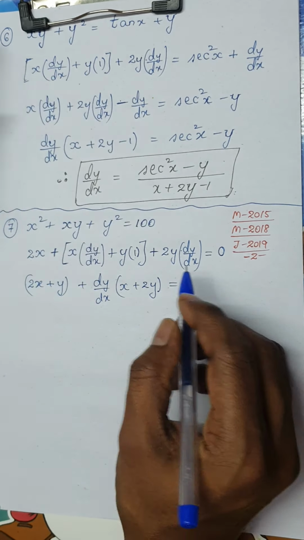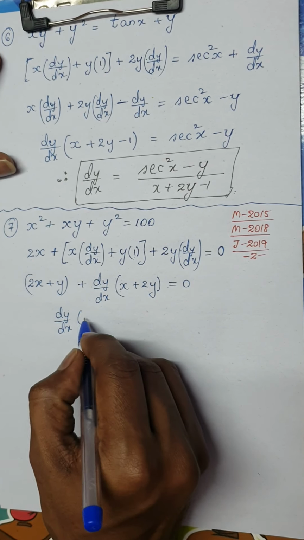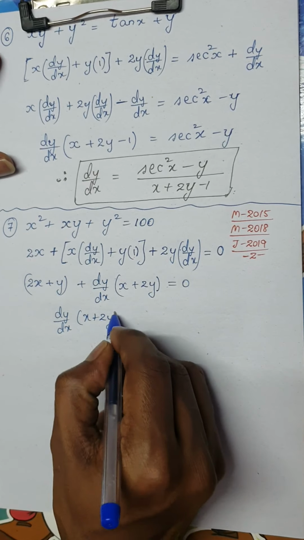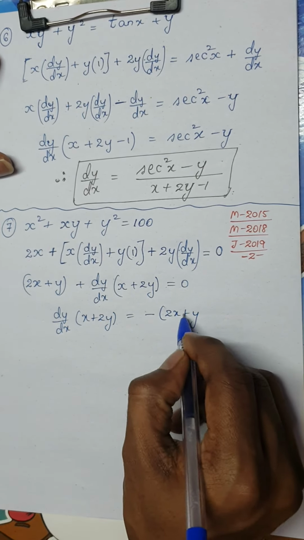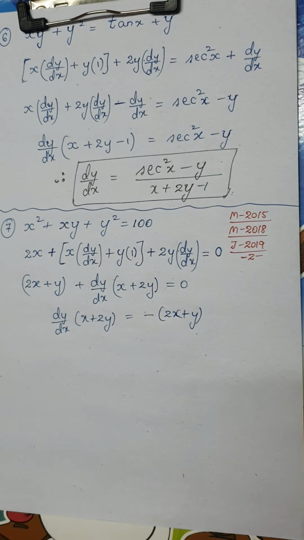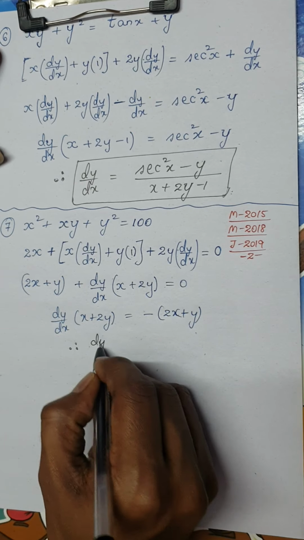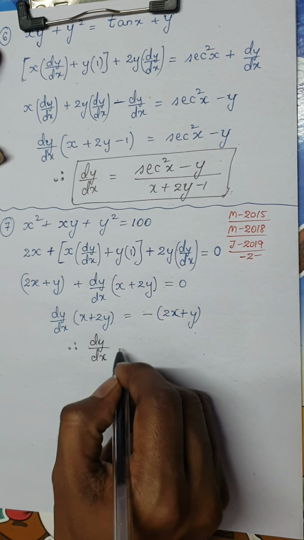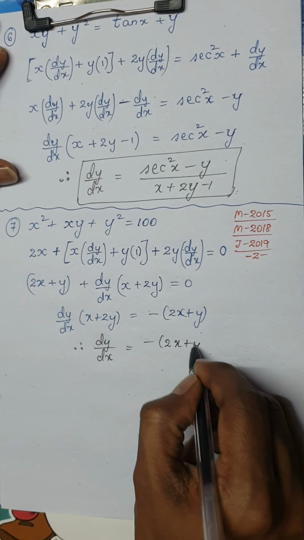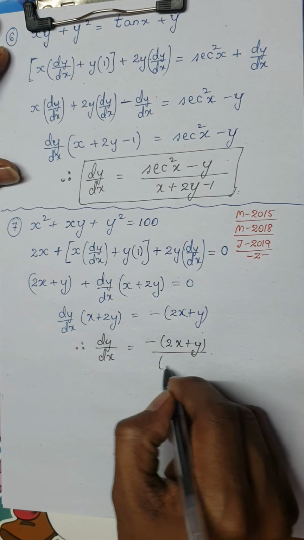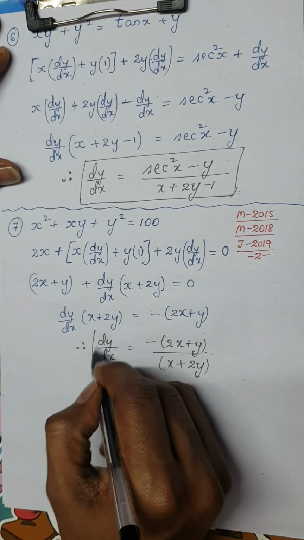This is nothing but 0. Bring it to the right hand side. I have dy by dx into x plus 2y is nothing but minus of 2x plus y. Is it clear? I just shifted to the right hand side. Therefore dy by dx is nothing but minus 2x plus y whole divided by x plus 2y, okay.